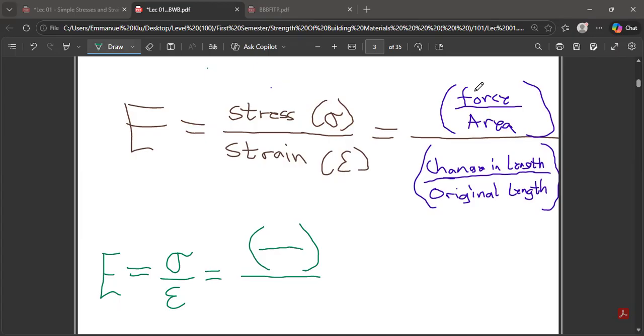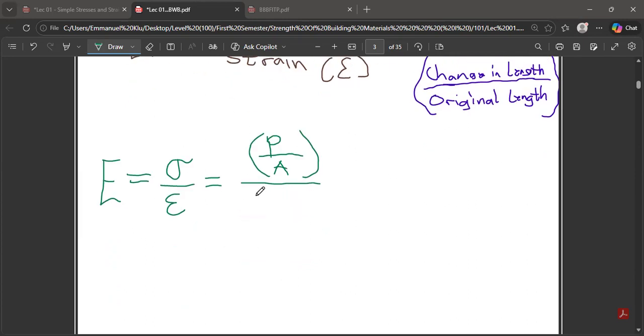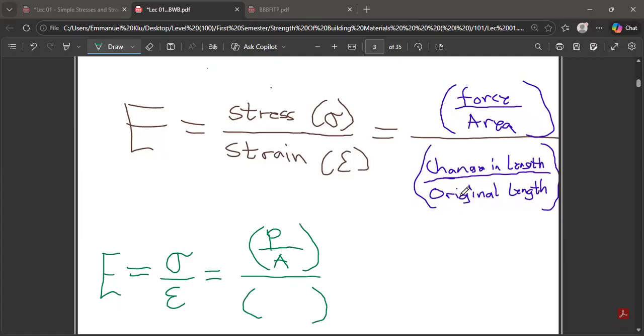The symbol for force is going to be denoted as P. And then for area we are going to use A. For the change in length, how can it be expressed? You can use delta L over L itself. When you see L somewhere, it means the original L.